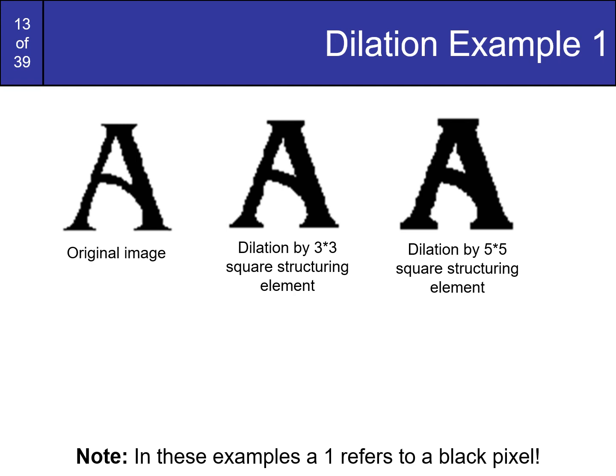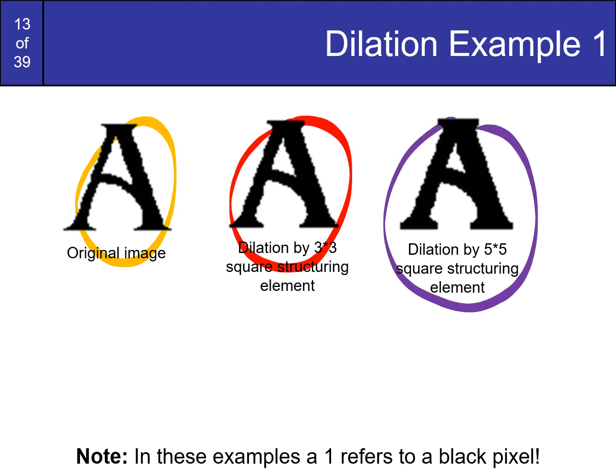And this is an example of dilation on the original image using dilation by 3 by 3 and then dilation by 4 by 5. The larger the size of the square structuring element, the thicker the line is.